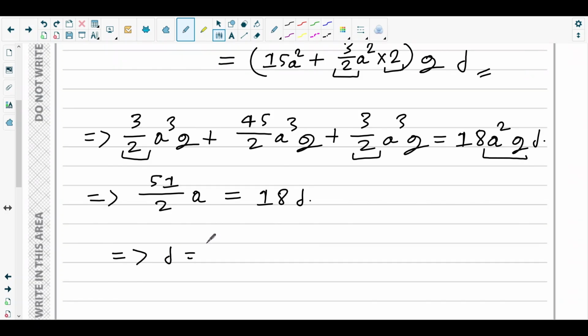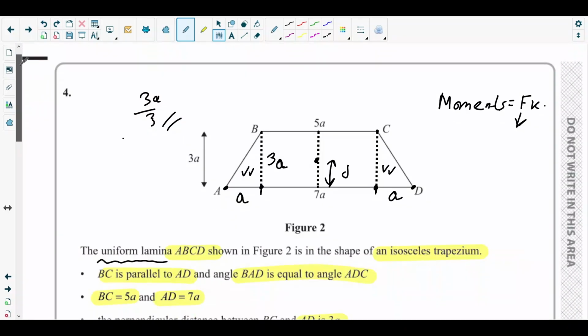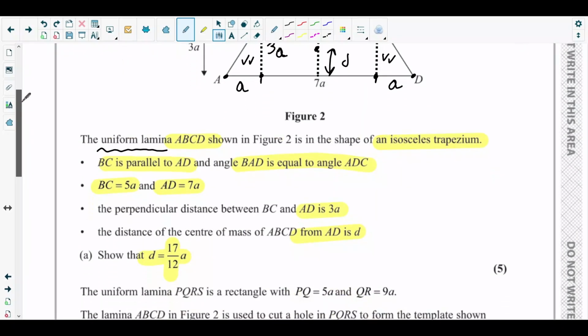Make d the subject: 51 over 2 over 18 gives you 17 over 12 a exactly. And that's what part A of question number 4 asked to show. 17 over 12 a. Fine.